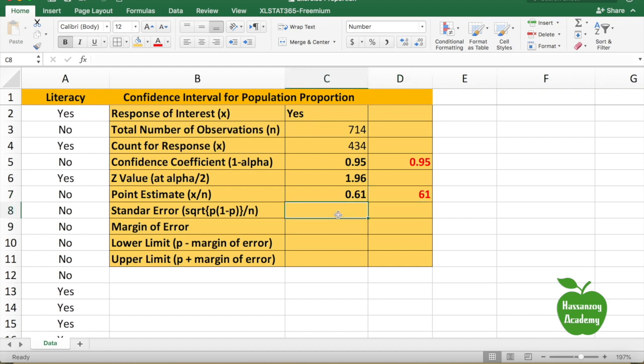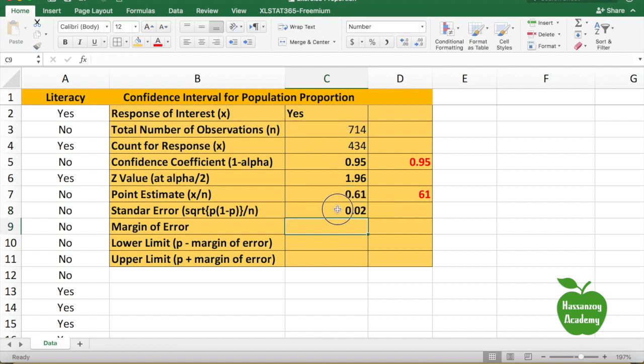Fifth, we estimate the standard error of the sampling distribution of sample proportions, which is equal to the square root of the point estimate of the sample proportion multiplied by 1 minus the point estimate of sample proportion divided by the total number of observations, and then close parentheses, press enter.